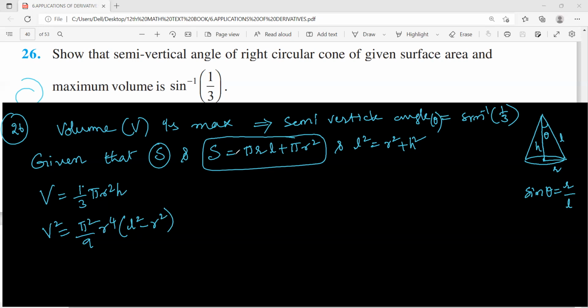This makes it complicated, but anyway, it will be complicated. Or you can remove R square; then you get L square and H square. L square minus H square, and here also you can remove R. That's also okay.